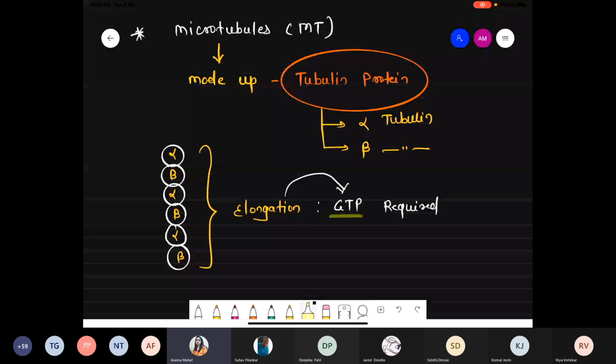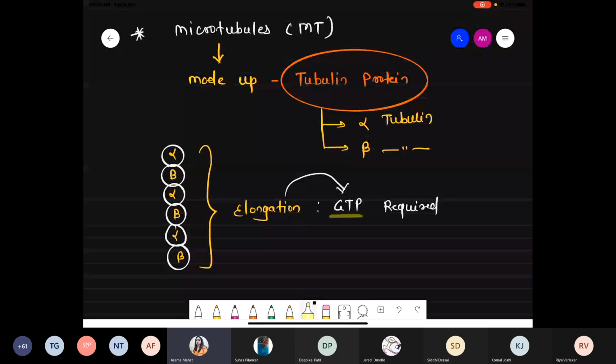The tubulin proteins join with each other, showing elongation and polymerization, alpha binds to beta, then alpha, beta, alpha, beta. They form a typical elongated chain. For that elongation there is a requirement of energy in the form of GTP.